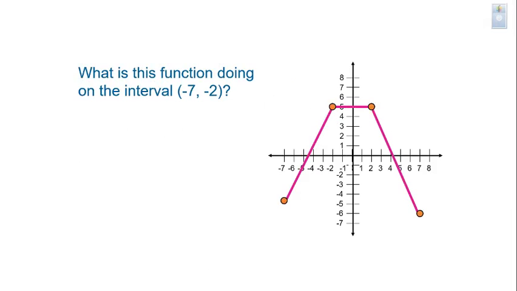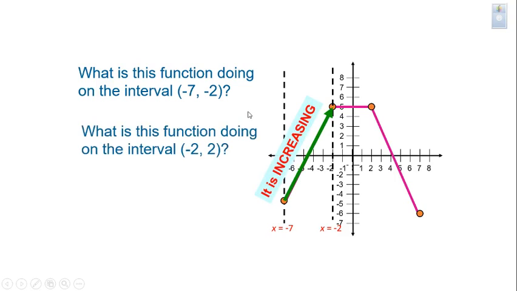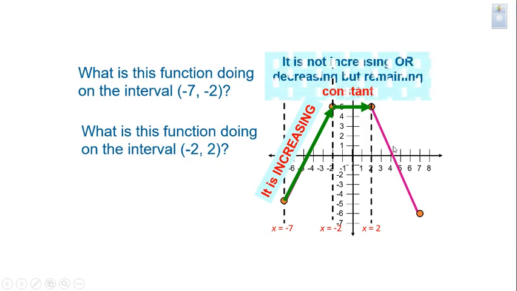Let's take a look at another graph here. From -7 to -2, as you can see, the graph is increasing because it's going upward. Then if you notice, when you go from -2 to 2, the graph does not go upward or downward at all, so the graph is constant. That means the y value does not change. A constant is a value that does not change.